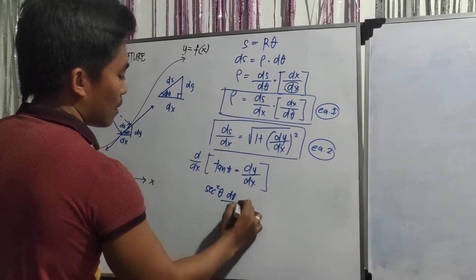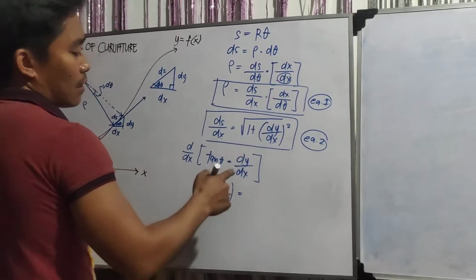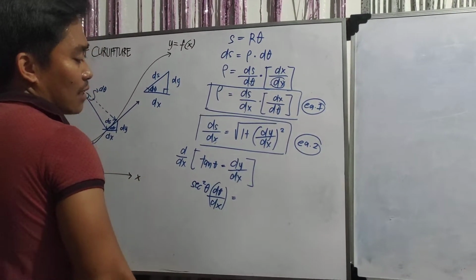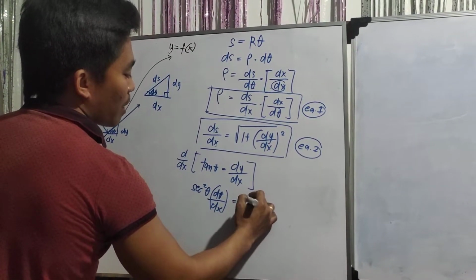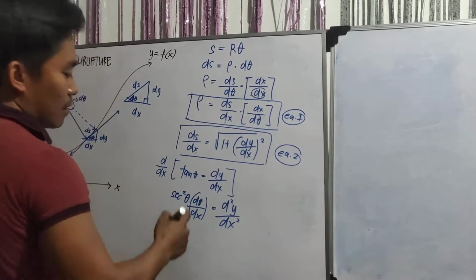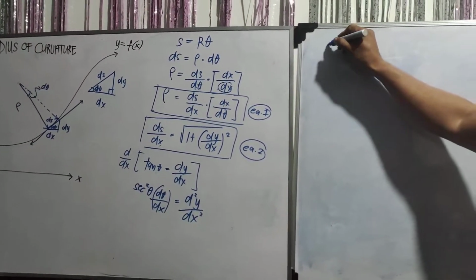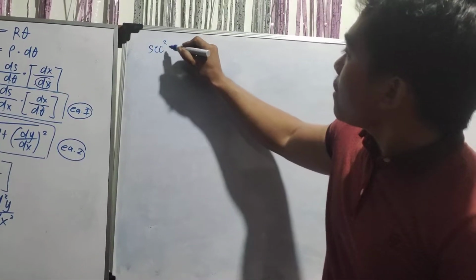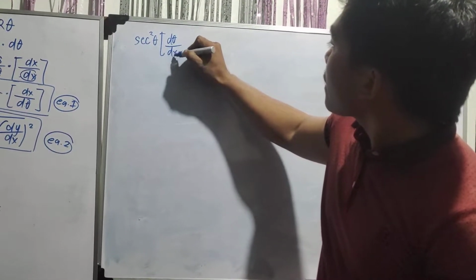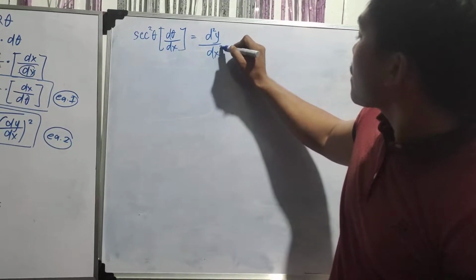Times d theta over dx. Okay? Equal to what? The derivative of dy over dx is actually the second derivative, or simply y double prime. So, d squared y over dx squared. Or again, y double prime. So, now, secant squared theta times d theta over dx is equal to d squared y over dx squared.